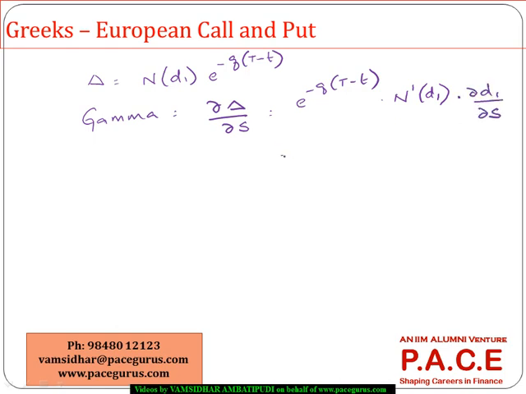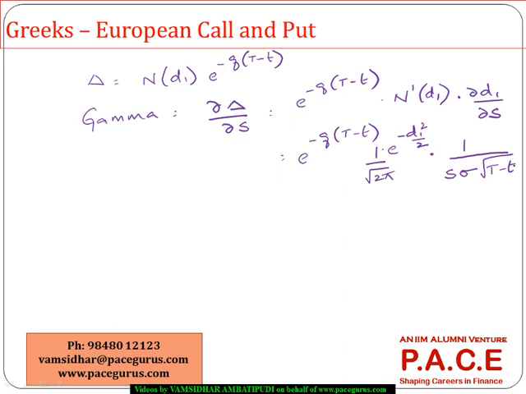And what is N dash d1? We have already seen earlier, N dash d1 is e power minus d1 squared by 2, 1 by root 2 pi, and dou d1 by dou S we have already found out is 1 by S sigma root (T minus t).